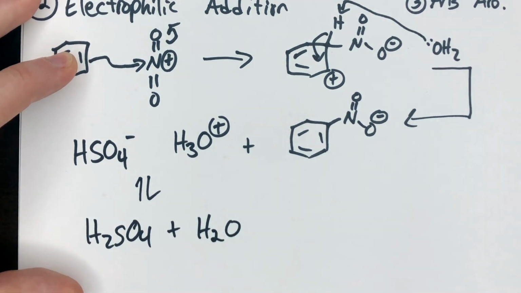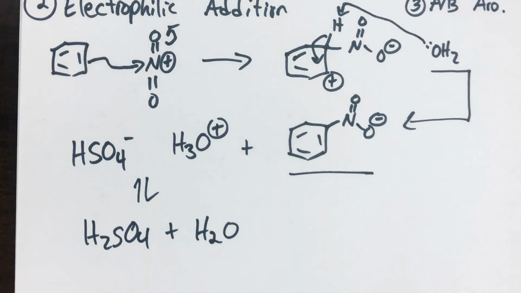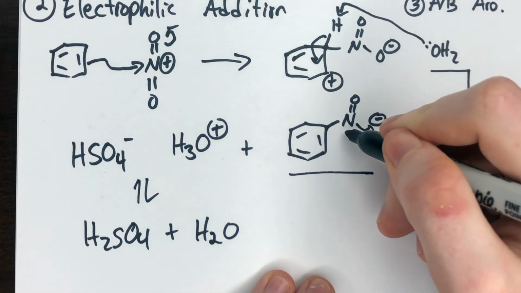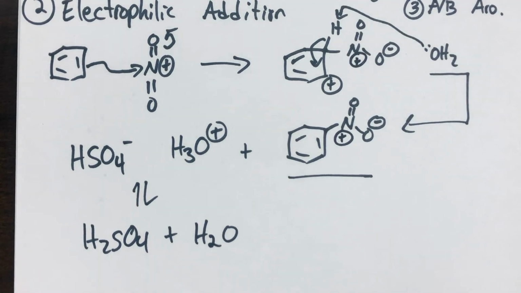But that's kind of an aside here. The real point is that we generate this nitrobenzene, where we've substituted in multiple mechanistic steps a hydrogen with the NO2, right? And by the way, we missed this charge here throughout, but that is critical there.